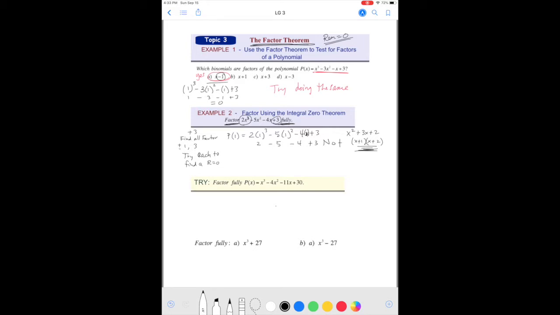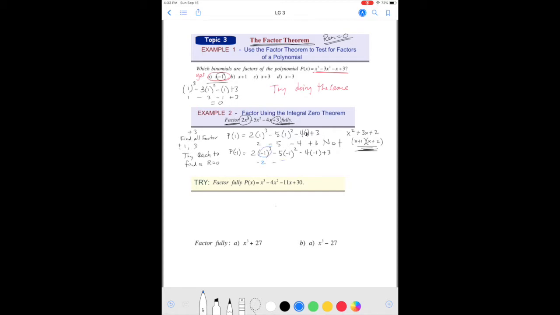All right, so let's try the next one, P of negative 1. All right, so what do we get here? So we get negative 2, because remember this guy right here is negative 1.